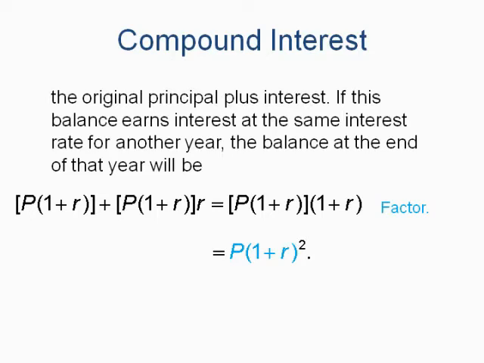Now, if this balance earns interest at the same interest rate for another year, the balance at the end of that year will be P(1 plus R) plus another P(1 plus R) times that rate. And notice again, if we factor, we'll get P times (1 plus R) quantity squared.